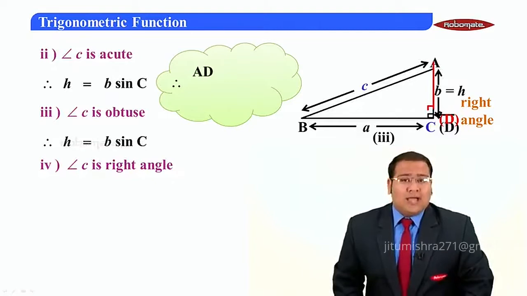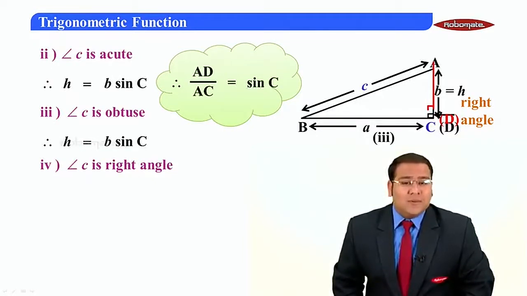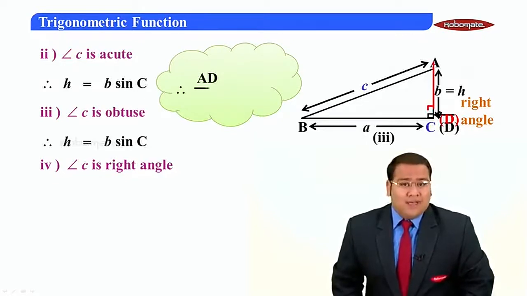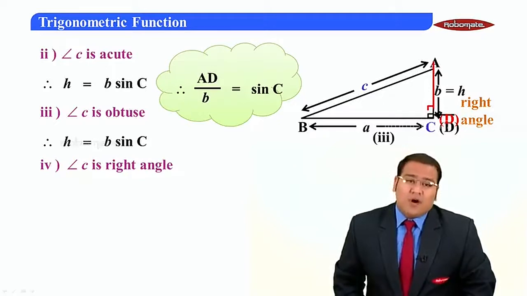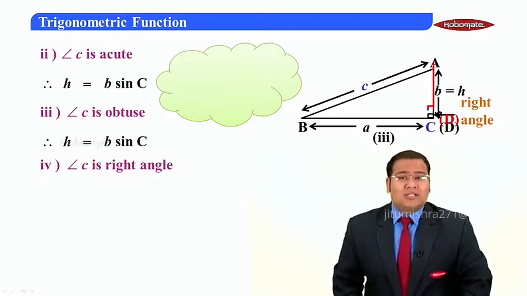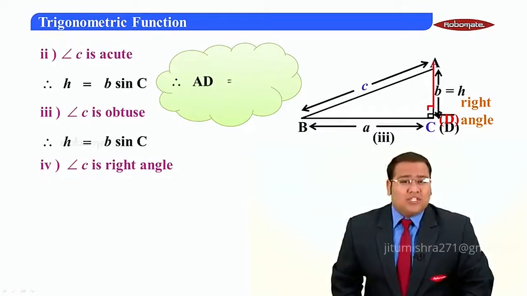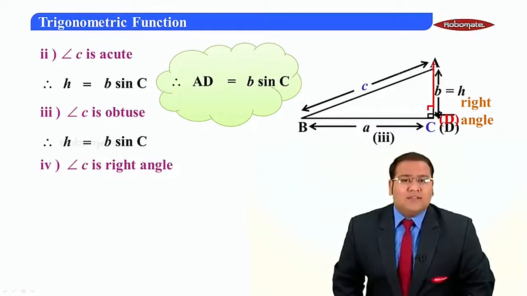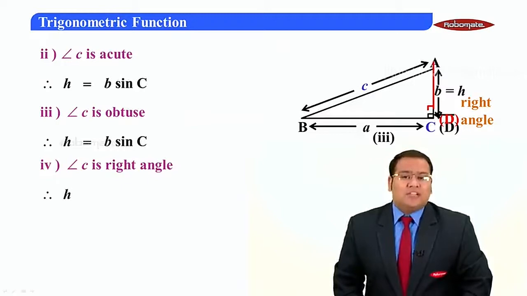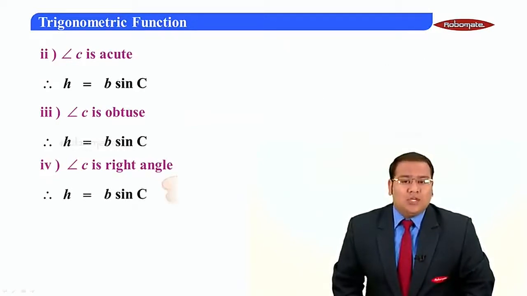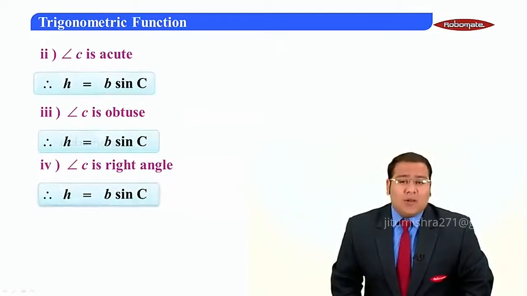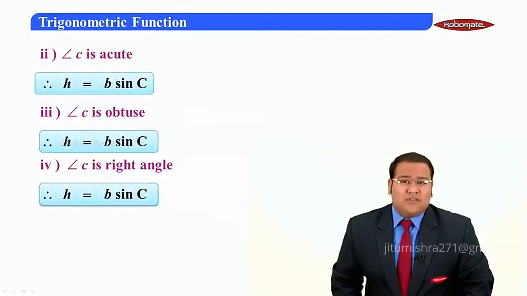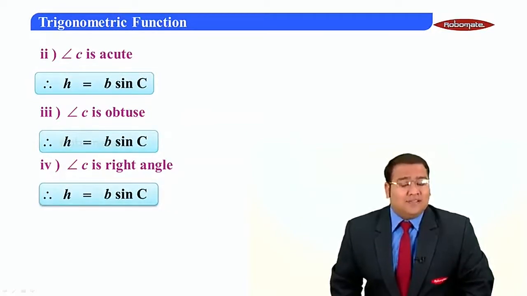We also know that AD upon AC is equal to sin C. So, if AD upon b is equal to sin C, where AD is the height and it is represented by h, so I can say AD is equal to b sin C and AD is replaced by h. So, h is equal to b into sin C. Now, in all these cases, if you have observed, h is nothing but b sin C.